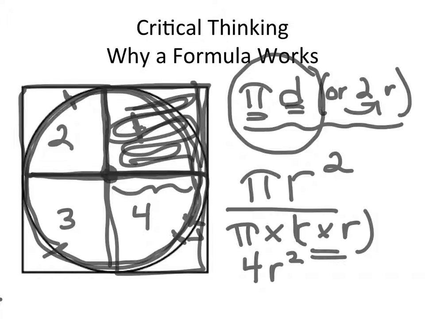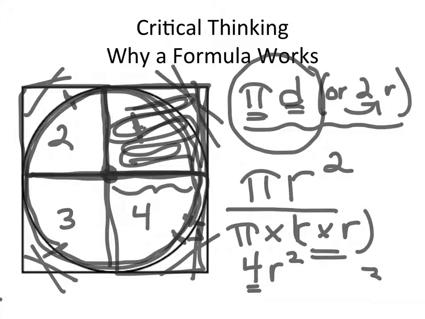But if I really want just the area of the circle, not those little extra corners that are right here, then what do I have to do? I have to cut off those corners. And if I do that, I'm making my amount smaller. So I need to be multiplying my radius squared by something smaller than 4. And this is where the eyes start to light up. Ta-da!